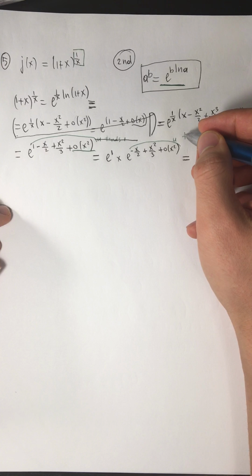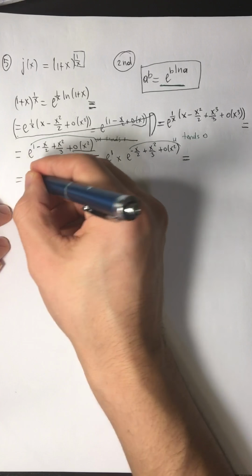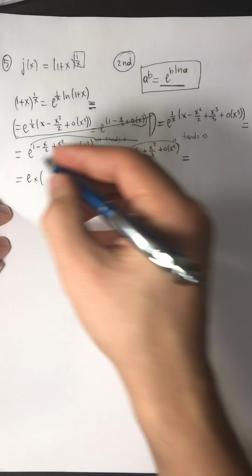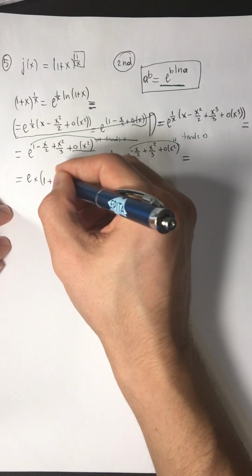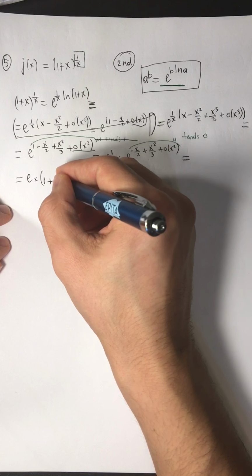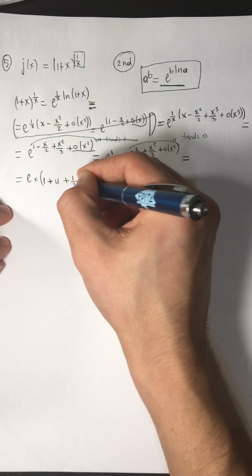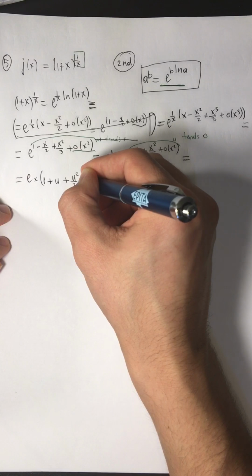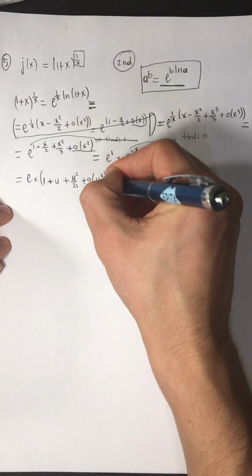Okay, this tends to 0, and what we're going to do is we write e and multiply in here. So we need o(x squared), right? So according to formula number 2, it's equal to 1 plus u plus u squared divided by 2 factorial plus o(u squared), right?